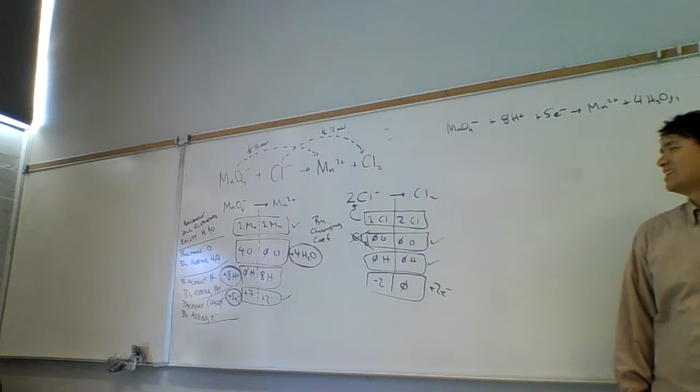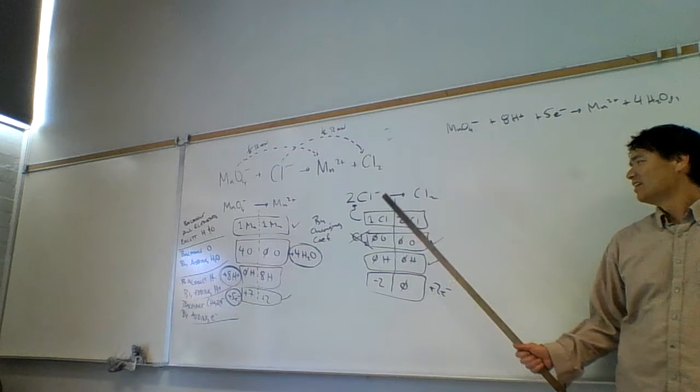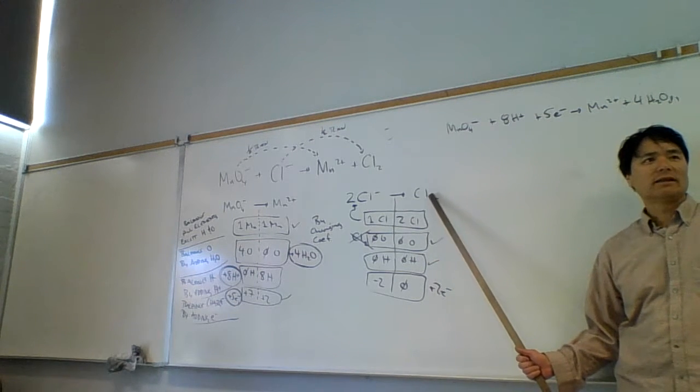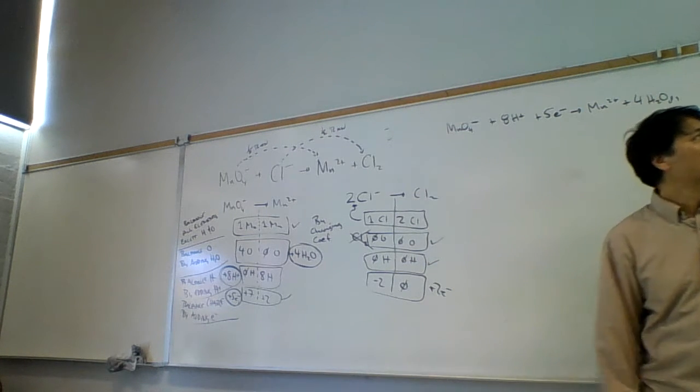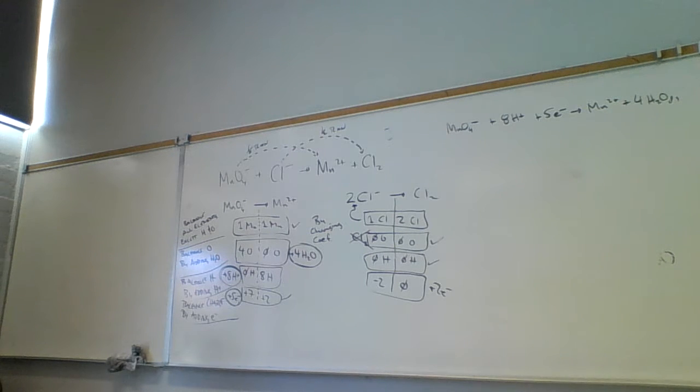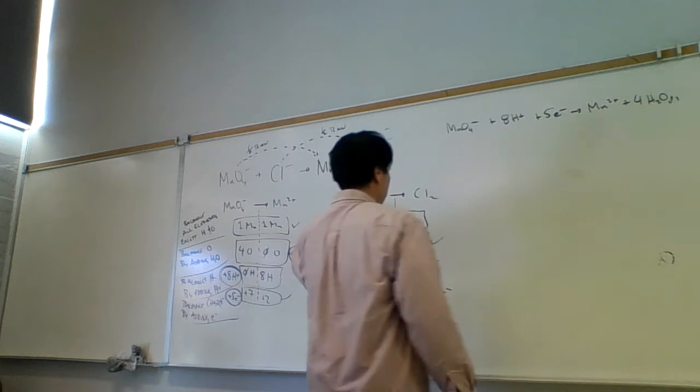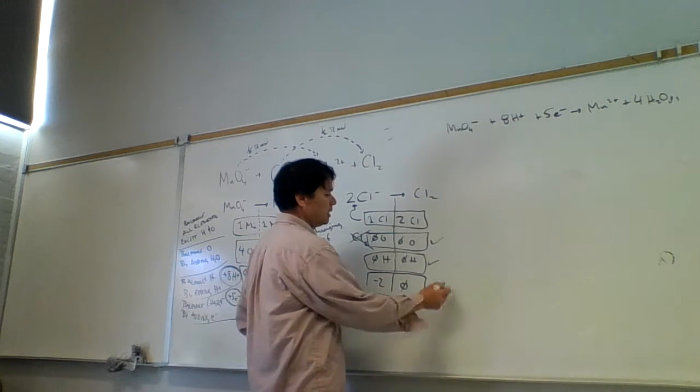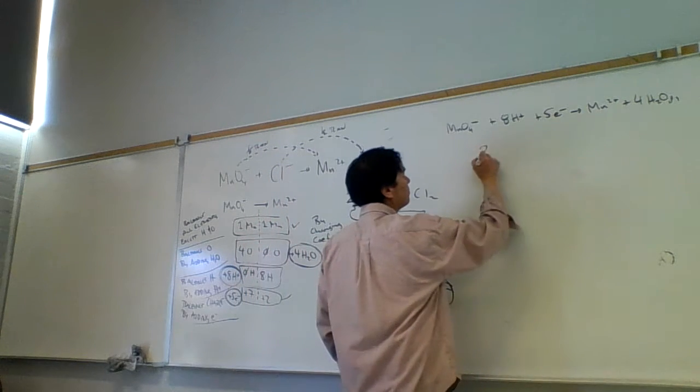In fact, this one, chloride and chlorine, that sounds familiar too. In fact, it's right here. 2 chlorides goes to chlorine plus 2 electrons. That's exactly what I have here.